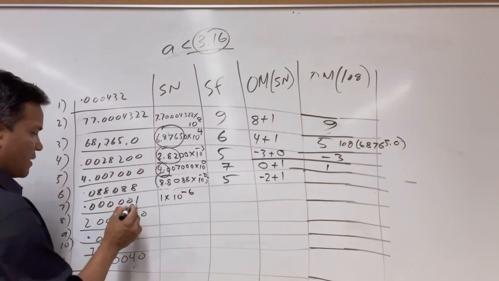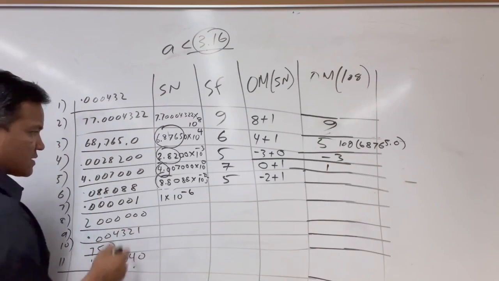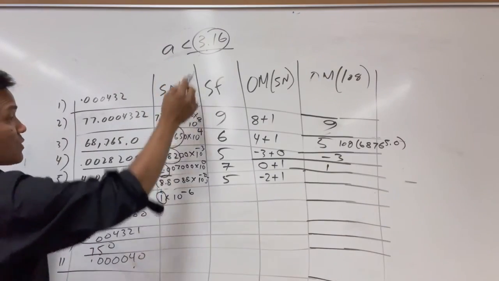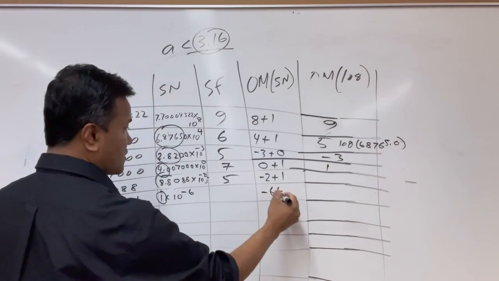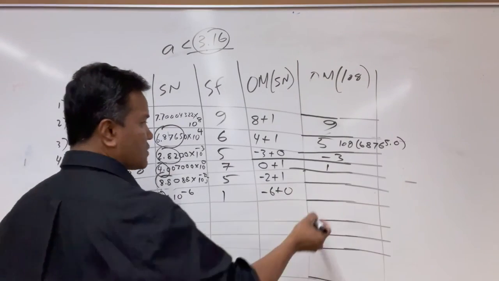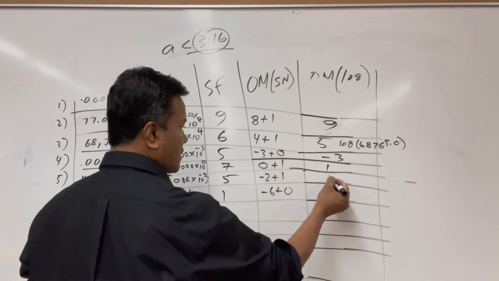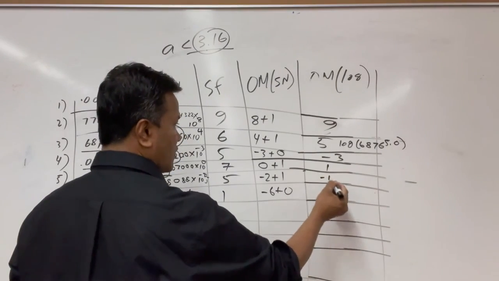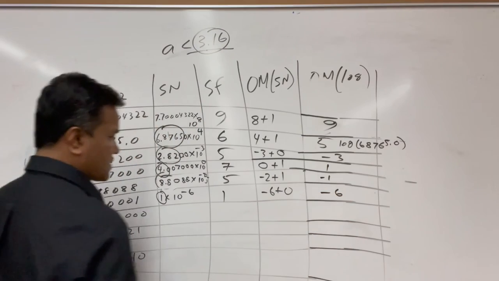You can count from here: 1 2 3 4 5 6, negative 6. 1 is less than 3.16 of course, so negative 6 plus 0, and then the log gives you negative 6.